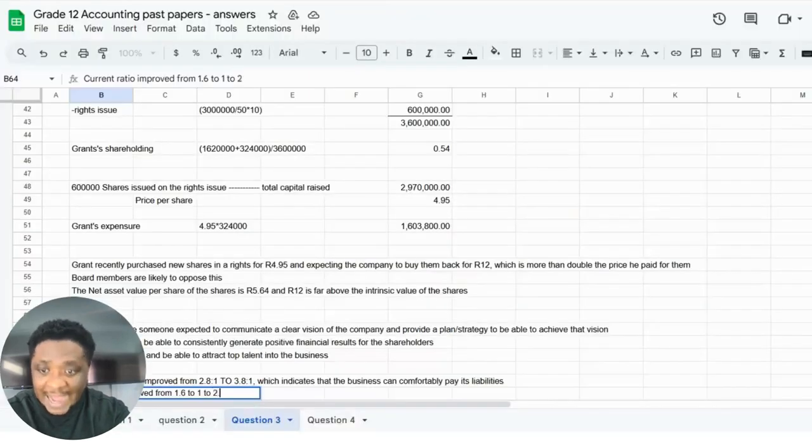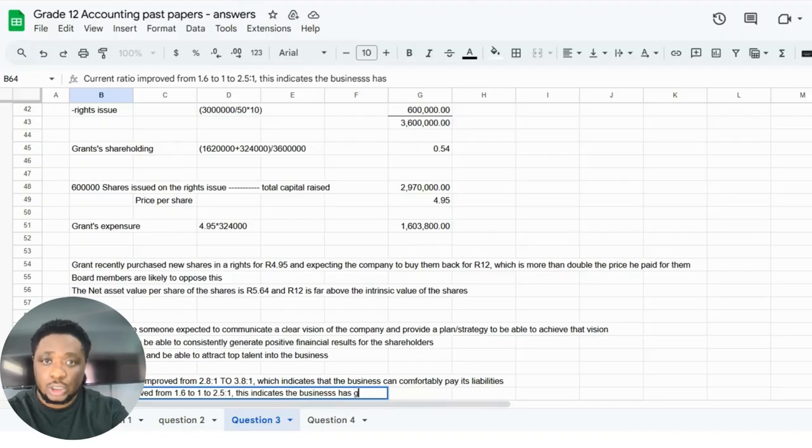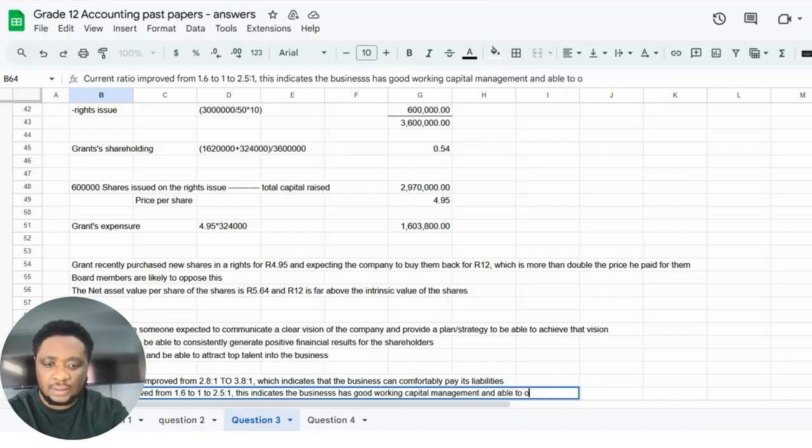So 2.5 to 1. In this case, this indicates the business has good working capital management and is able to pay its immediate debts as they become due.